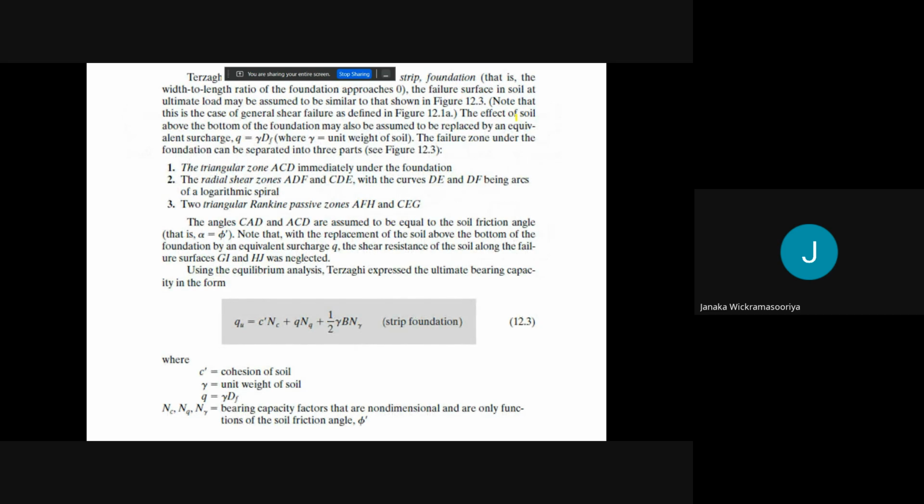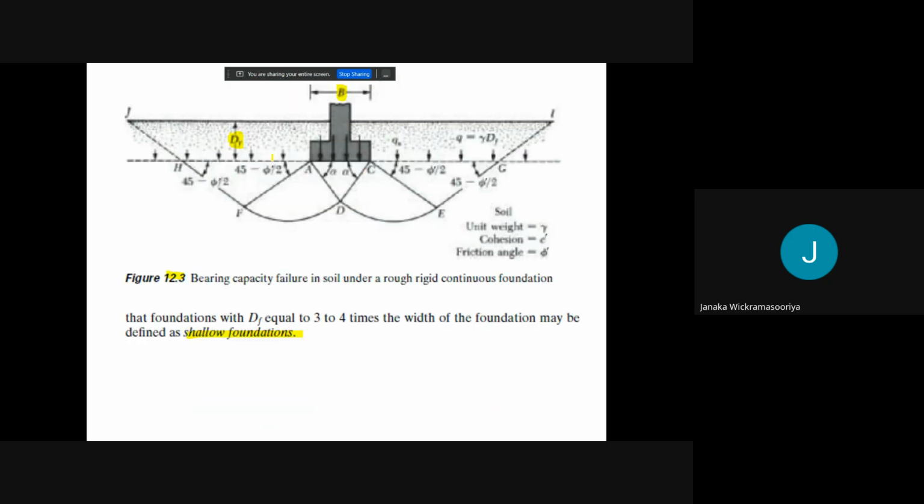The effect of soil above the bottom of the foundation may also be assumed to be replaced by an equivalent surcharge, q equals gamma dF, and the failure zone under the foundation can be separated into 3 parts.